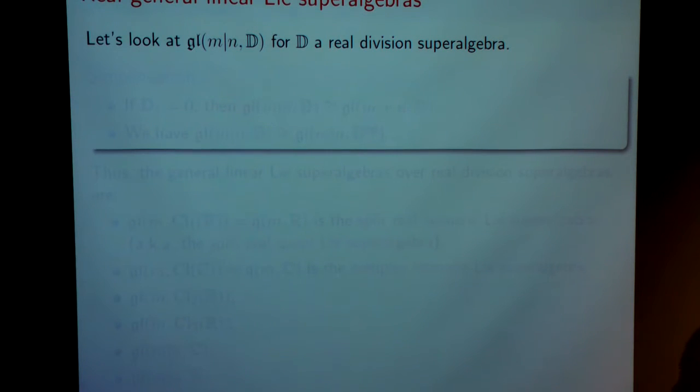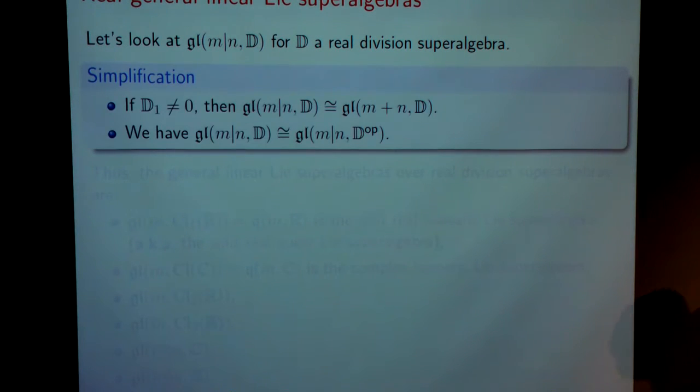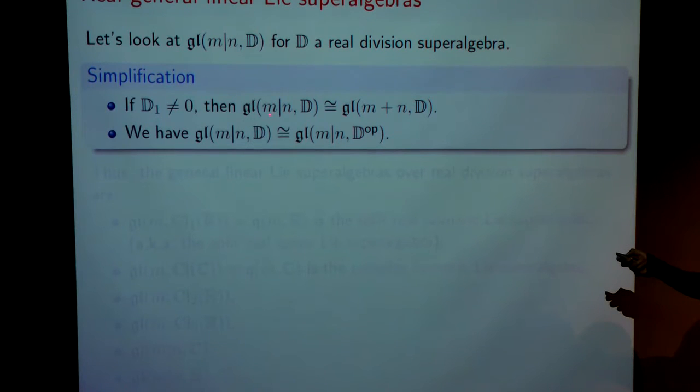Okay, so let's look at representation theory a bit. If we want to take the general linear Lie superalgebra, but with coefficients in a real division superalgebra, what do we get? First of all, there's a simplification. You can check that if the odd part is non-zero, then in fact there's no point in taking GL(M|N), because this is isomorphic to GL(M+N).